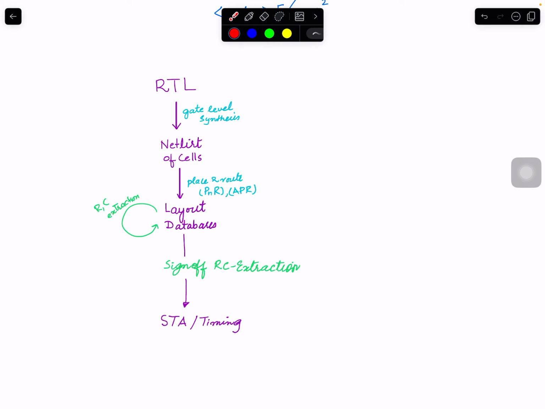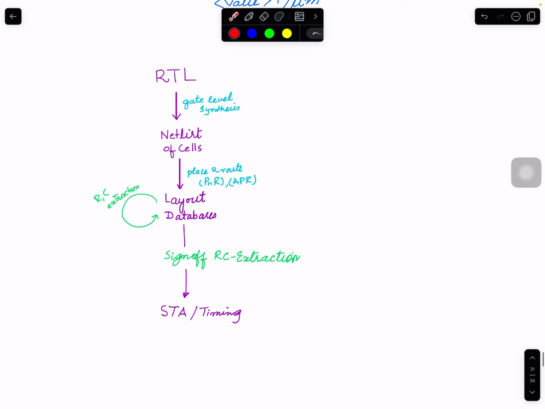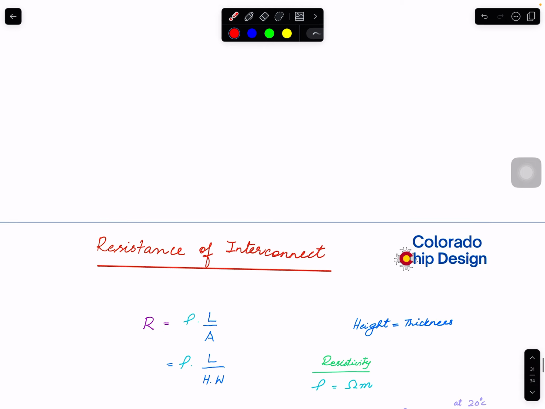So it's really good to know those numbers, so that instead of doing timing analysis all the time, you can figure out yourself that if it's a critical path, then I need to keep the cells together within that distance, because I don't want large interconnect delays. We'll talk more about all that in physical design, but I just wanted to give you an idea of how we generally do extraction in large digital designs.